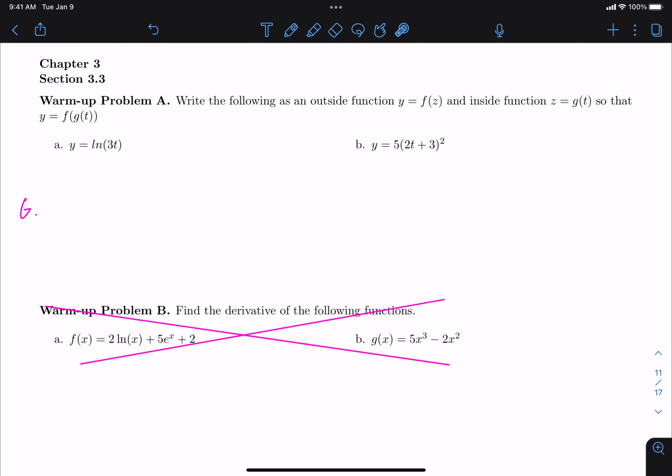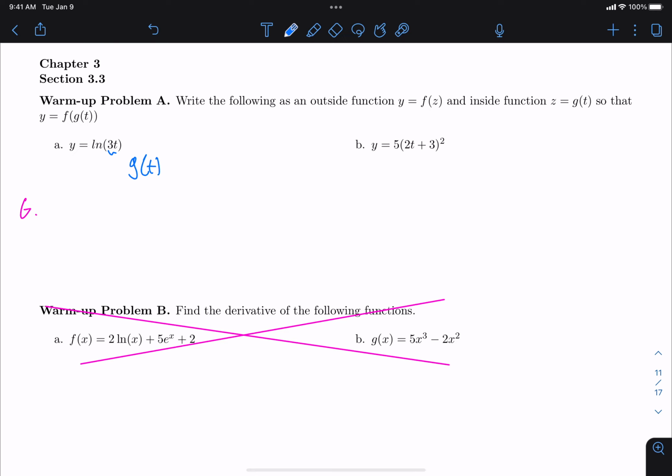Okay, so for this one, what we want to do is just express this as a composition of functions. I like to start on the inside and identify the inside function. In the first case, it's not too hard to see that the inside function should be 3t.